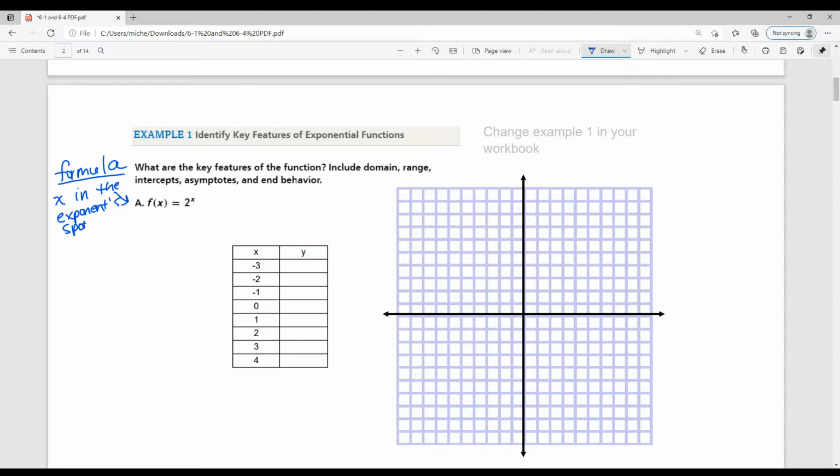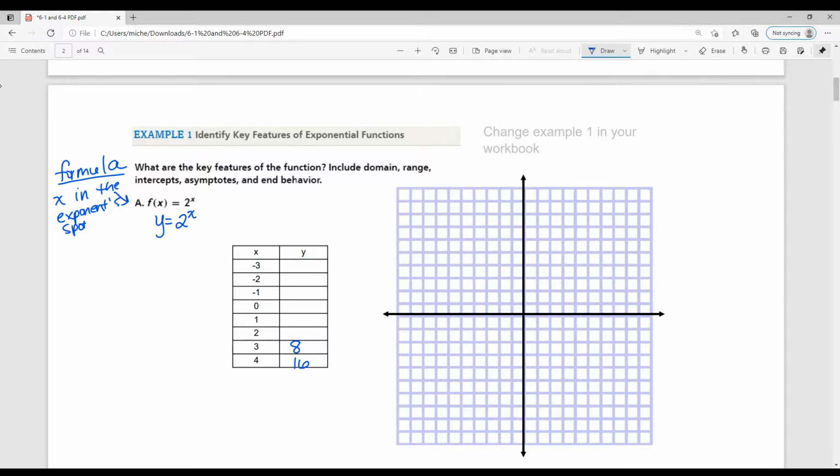Now let's look at what would happen in the table. If the x is 4, then y, which is the same as f of x, y would be 2 to whatever x is. So if x is 4, y would be 2 to the 4th, which is 16. If x is 3, y would be 2 to the 3rd, 8.